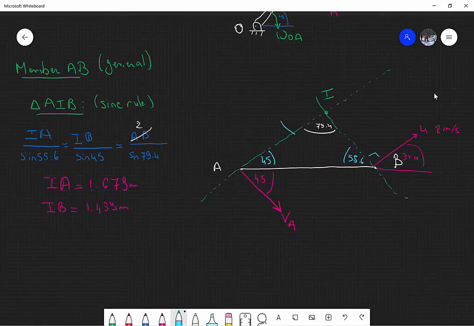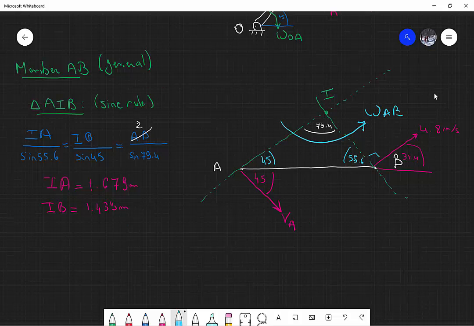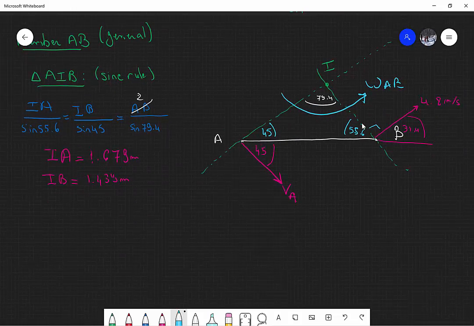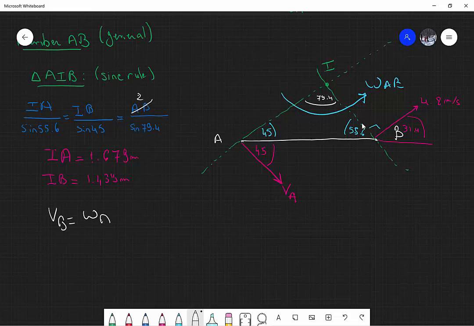So now we know that the omega of this member is going to be in this direction. This is the omega EB, because the VB, the 4.8, rotates around this point, and the VA rotates around this point, so the omega is going to be counterclockwise. Let's find the exact value of it. VB is already known, equal to omega AB times IB.